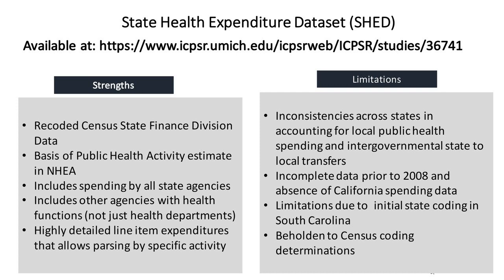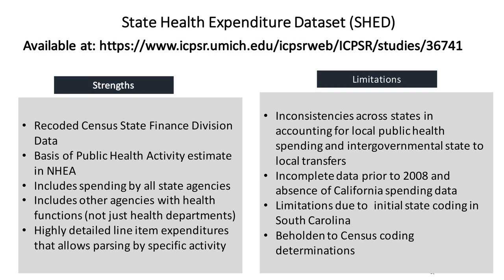So of course, every data set has limitations. The limitations are that different states might categorize their spending differently. So for example, if you have a coalition that's working to prevent obesity, somebody might budget that under chronic disease, somebody else might budget it under coalition work.